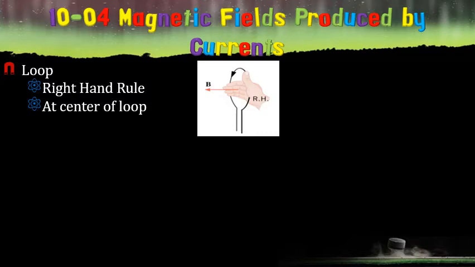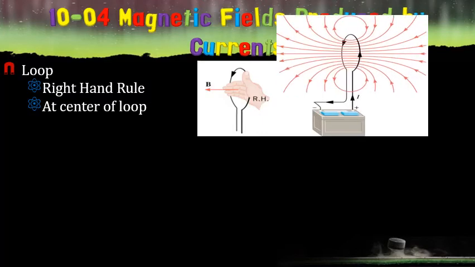Your thumb goes the direction of the current, fingers are the direction of the magnetic field. Fingers at the center of the loop, your thumb will lie on the wire going the direction of the current.